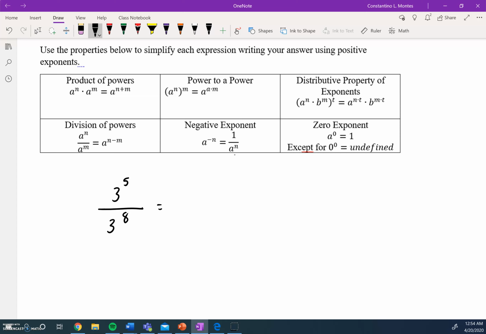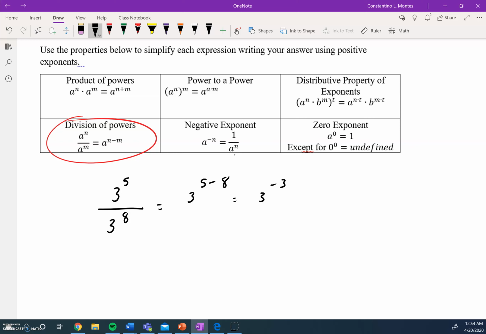According to our properties, we'd be using this one right here. We have the same base, so this would be 3 to the power of 5 minus 8, which is equal to 3 to the power of negative 3.